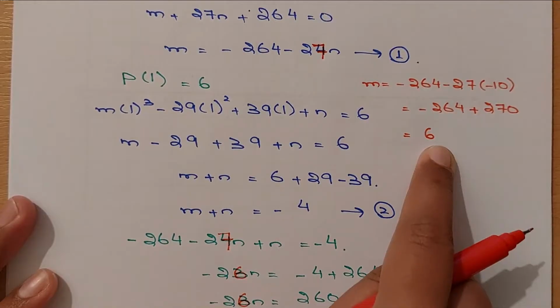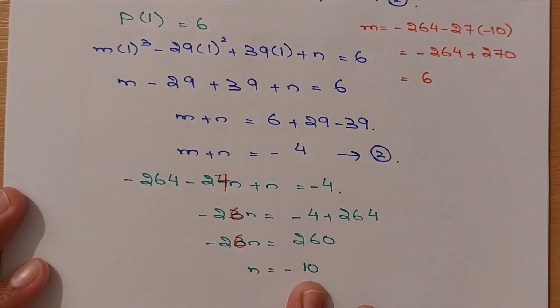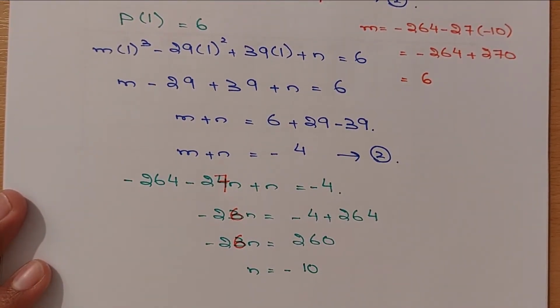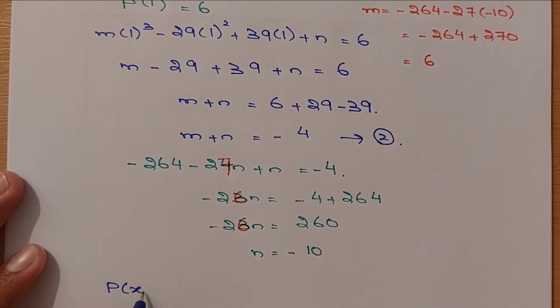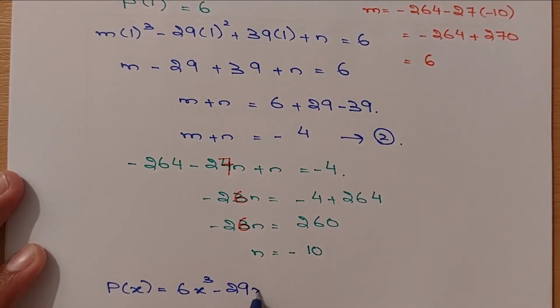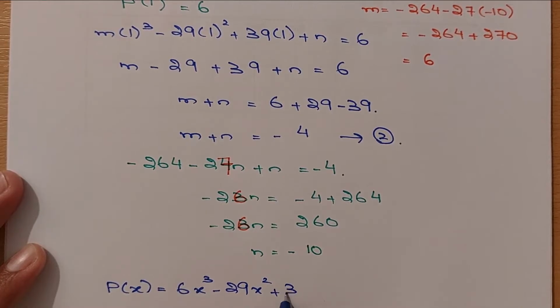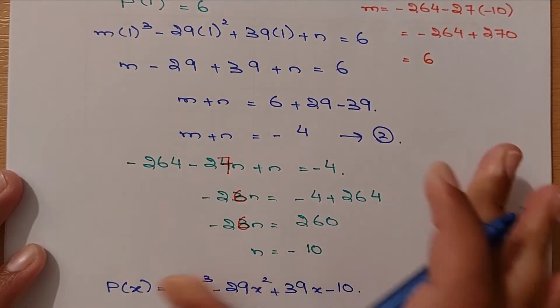So we can say m is 6 and the n value we got is minus 10. Now let me substitute the values for m and n. We will get the polynomial p of x, that is 6x cubed minus 29x squared plus 39x plus the n value, that is minus 10, right?